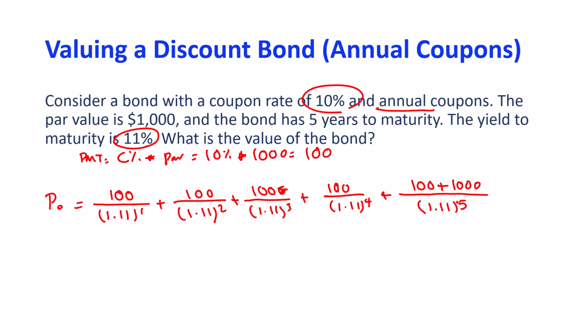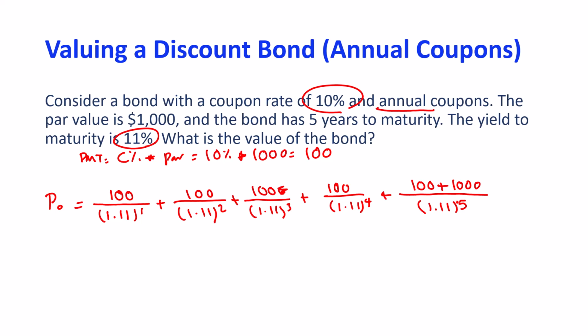So to find the price of the bond, that is all we're doing. We're finding the present value of all the future cash flows of the bond. The future cash flows are the 5 coupons that you will receive plus the one lump sum of face value $1,000 that you receive at maturity.